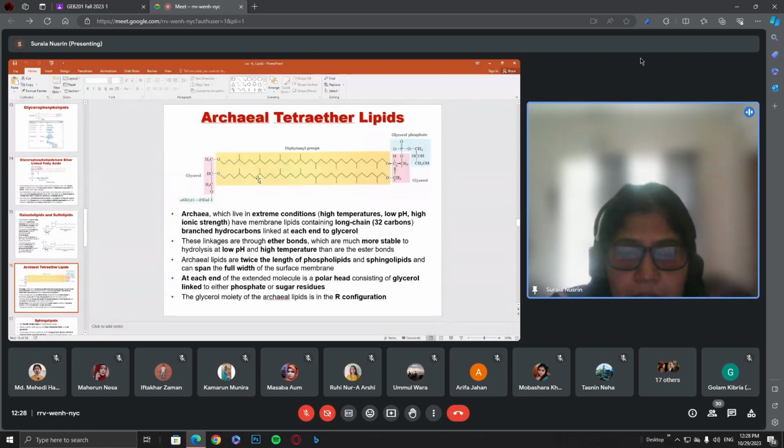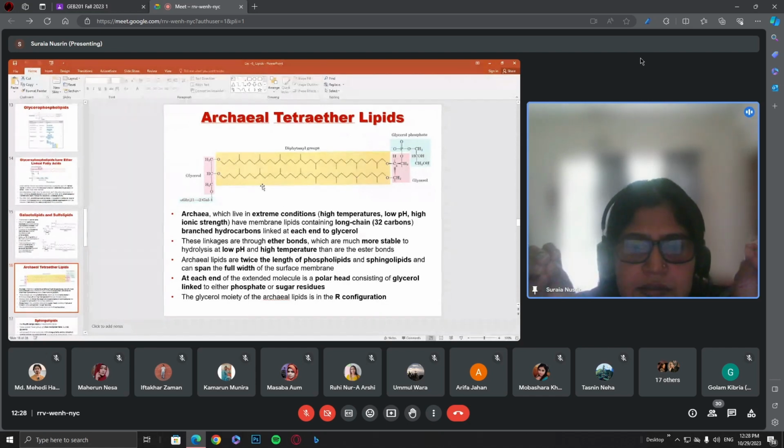and because of this they are able to live in the extreme conditions, because ether bonds cannot be broken down in extreme conditions, like with high temperature, low pH, that means acidic condition, or high ionic strength. These bonds are stable.